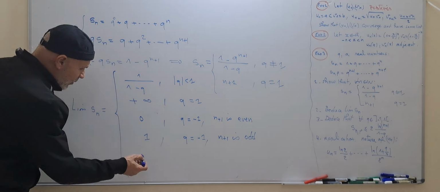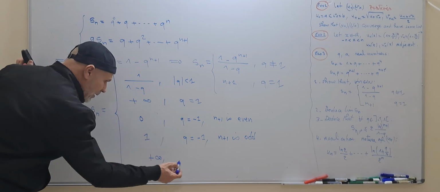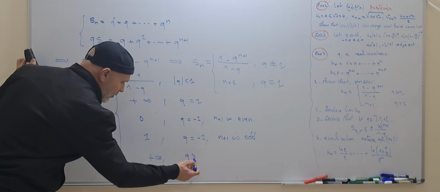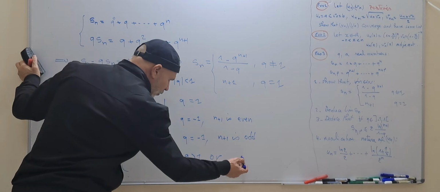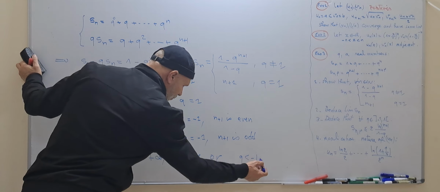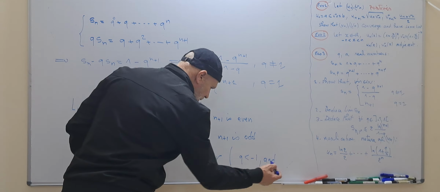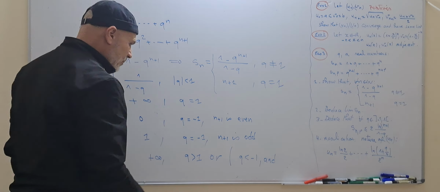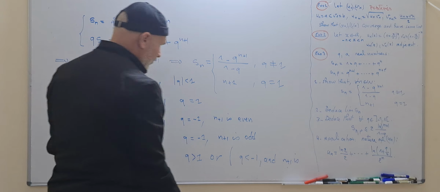It is equal to plus infinity if q is greater than 1, or q is strictly less than 1 and n plus 1 is even.